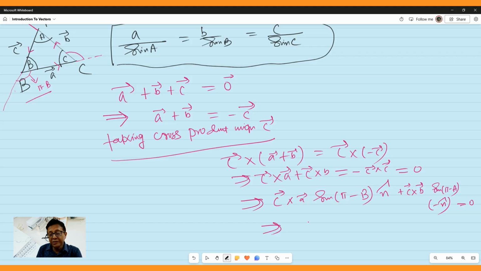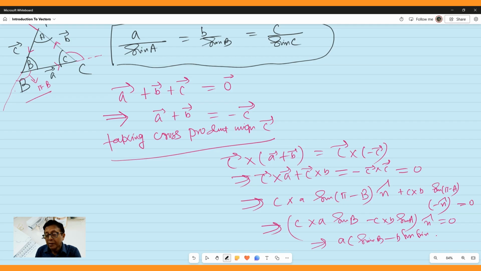So this implies C into A. We do not write modulus again, modulus already taken, vector products we have already considered. So there it will be C into A sin B minus C into B sin A n cap. So this implies AC sin B minus BC sin A equal to 0.